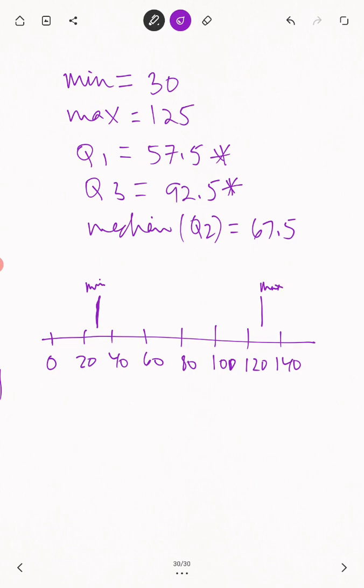Okay. And then I put on Q1, median, and Q3. So Q1 is 57.5, somewhere around here. Q3 is 92.5, a little bit higher than 90. And median, or Q2, is 67.5, so somewhere here.